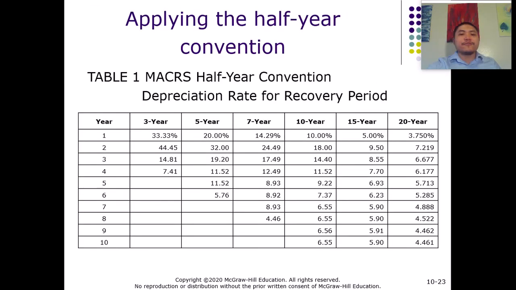So here's the half-year convention table. For year 1, for a 5-year recovery asset, the rate is going to be 20%, and for a 7-year recovery asset, the rate is going to be 14.29%. Remember these 2 rates.